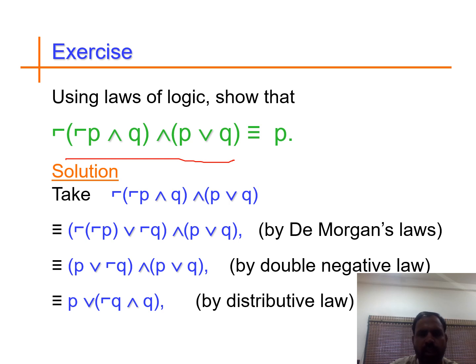Now negation of negation P is equivalent to P, or negation Q and P or Q. We have discussed this by double negation laws, and by distributive law we can combine these two, P or negation Q and Q.